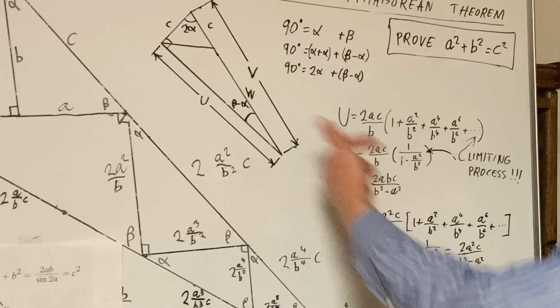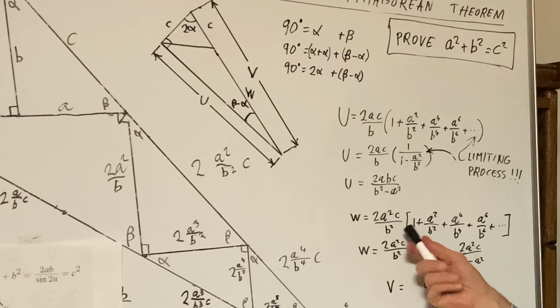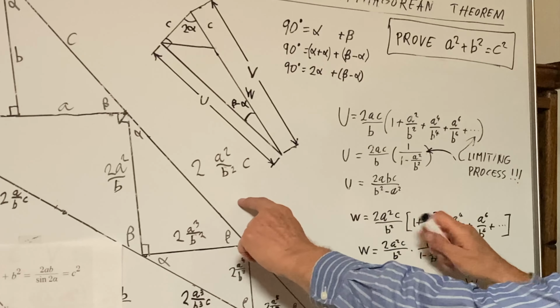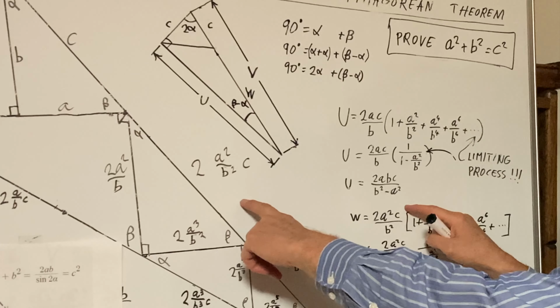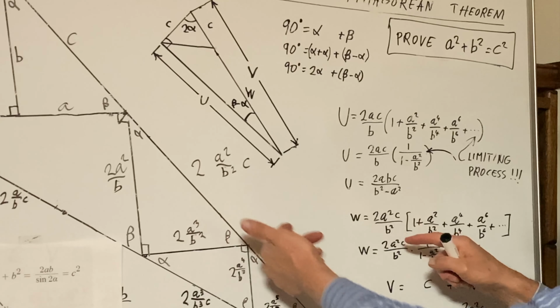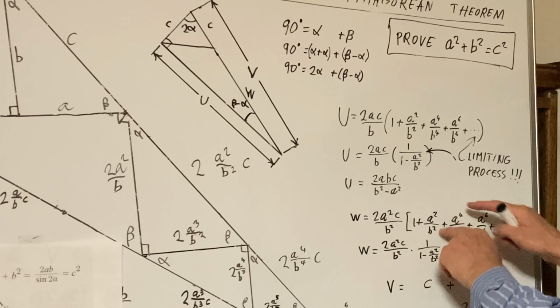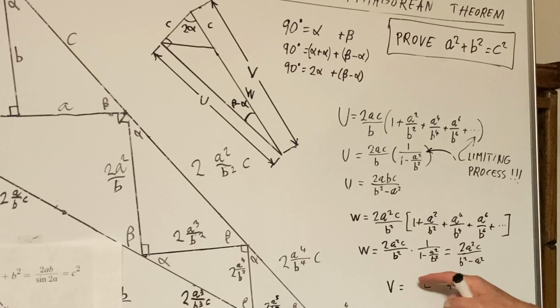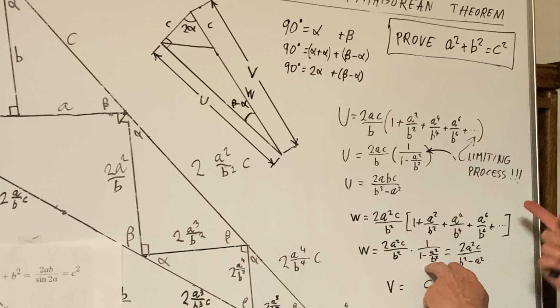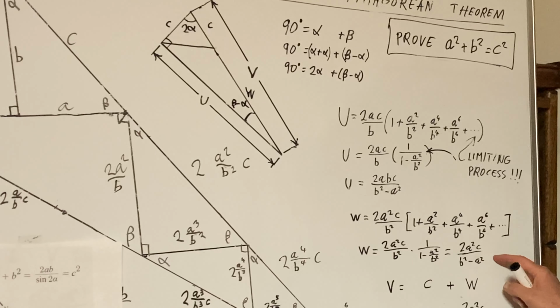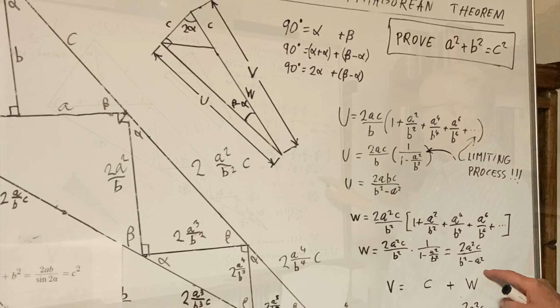And similarly, v is composed of c plus w. This w is another geometric series where you factor out this 2a squared c over b squared. And you get the same geometric series. You work that out algebraically, and it simplifies to 2a squared c over b squared minus a squared.